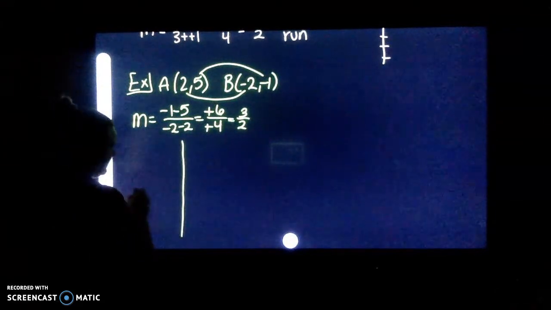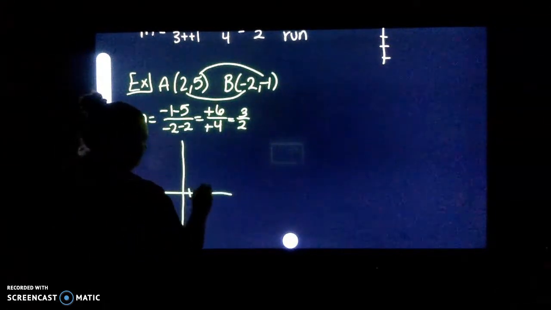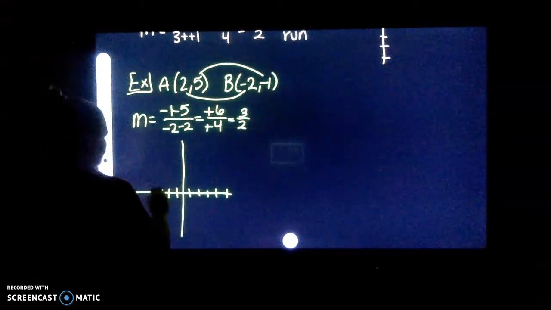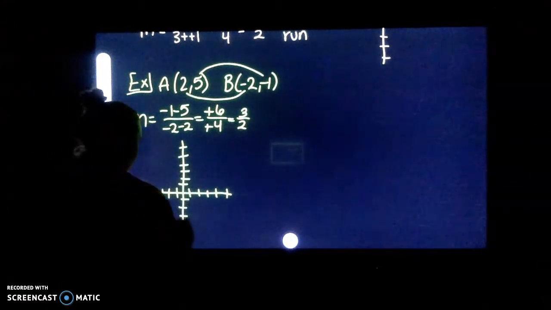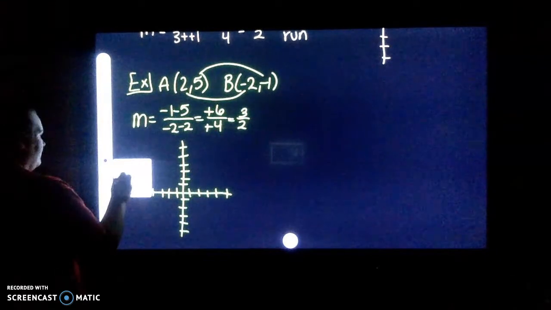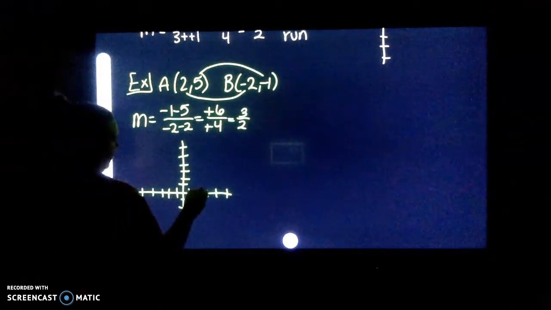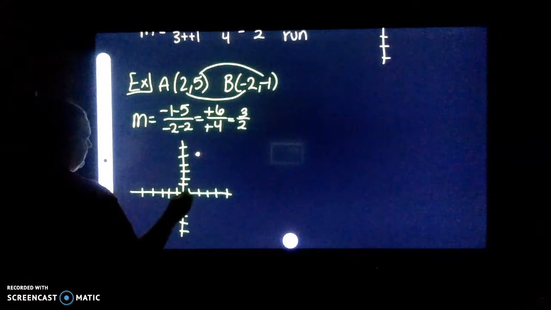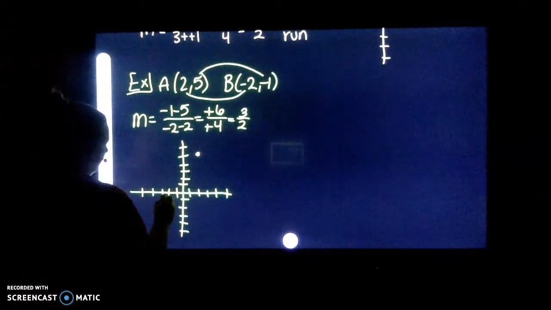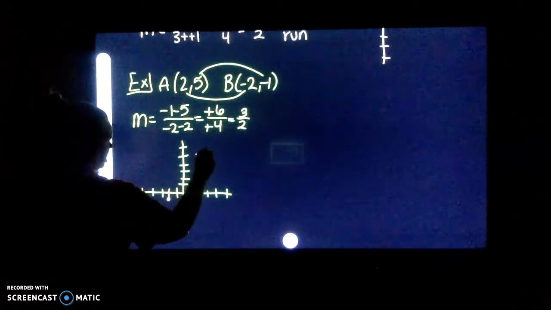When I go ahead and graph this, point A was 2, 5. And then point B was -2, -1.